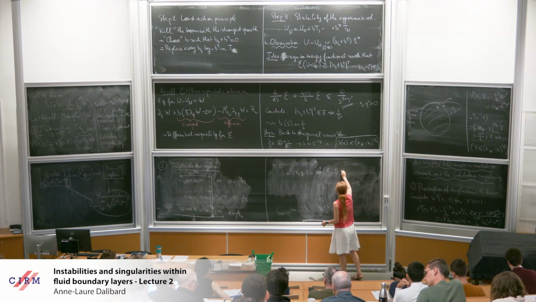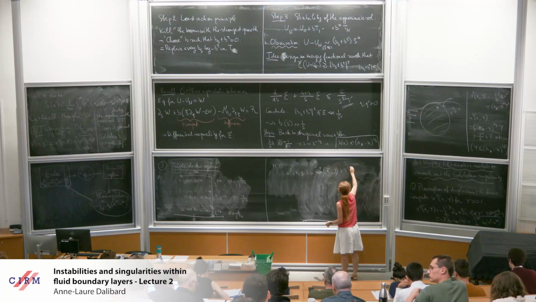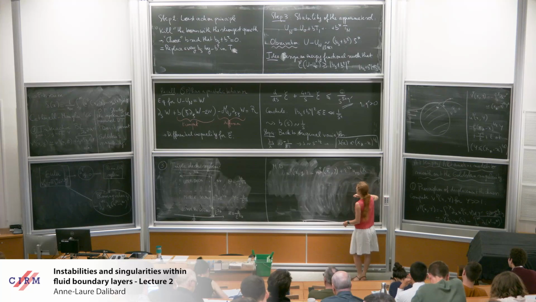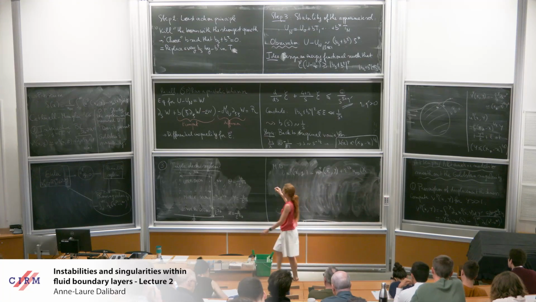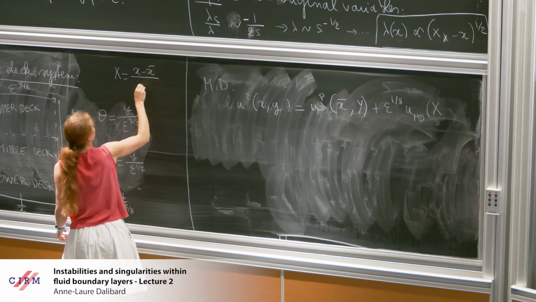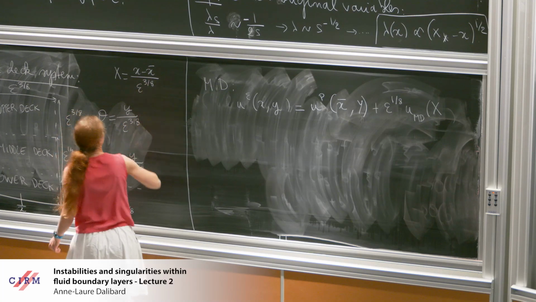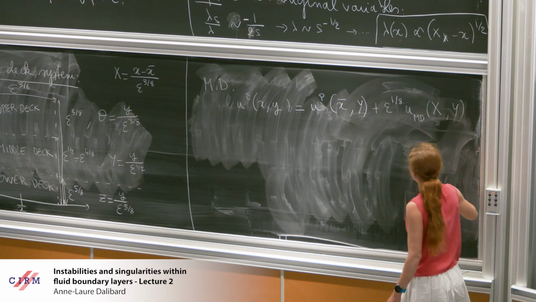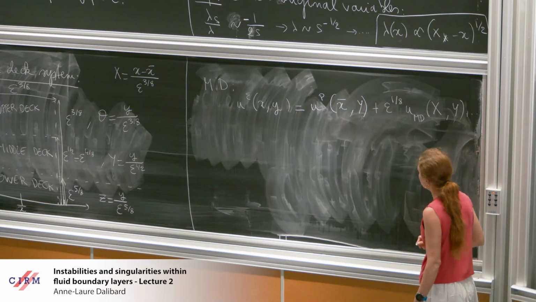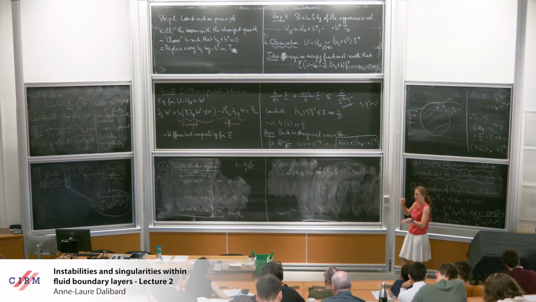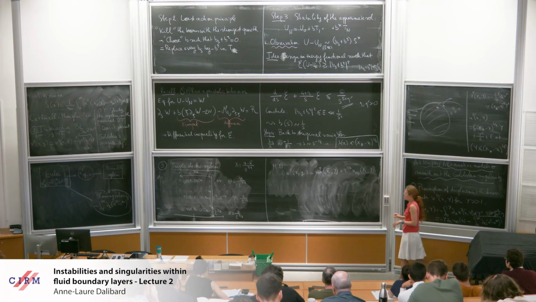Plus some correction, and the correction is epsilon to the 1/8 times u middle deck of capital X, where capital X is x minus x bar divided by epsilon to the good power, and y, okay, plus some lower order terms. And same thing for the v variable in order to keep the divergence-free condition.